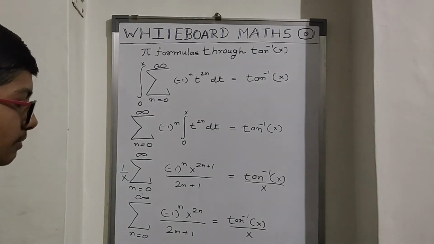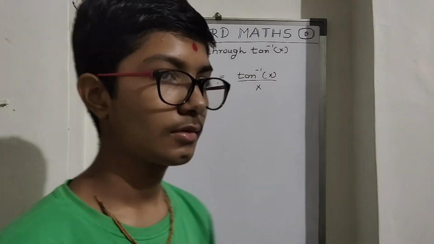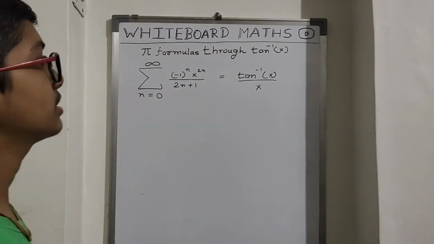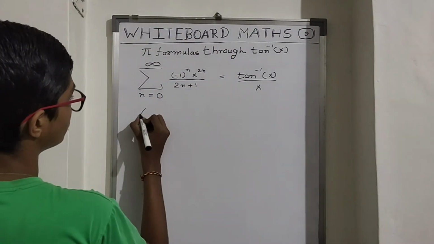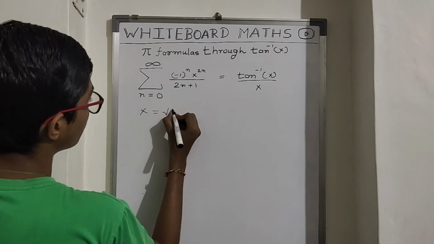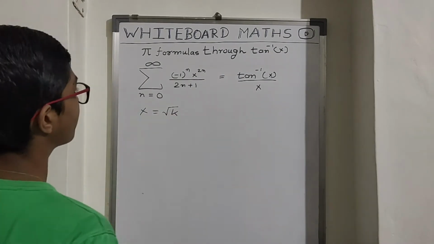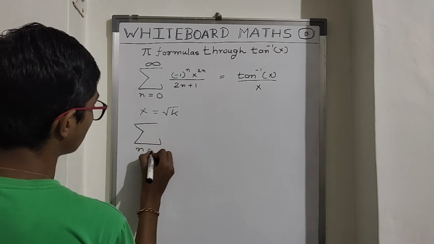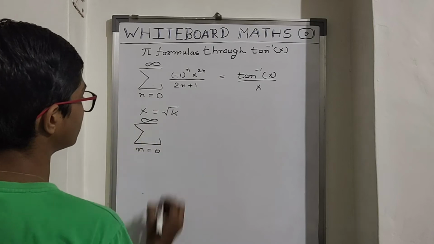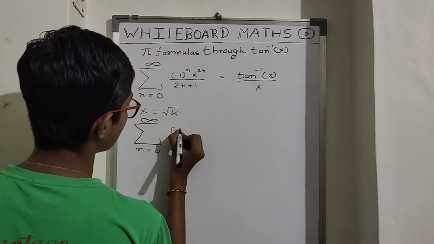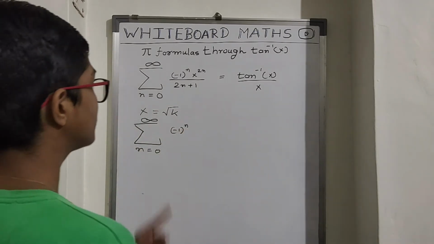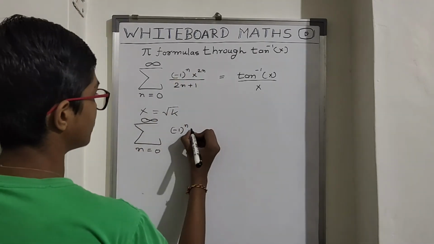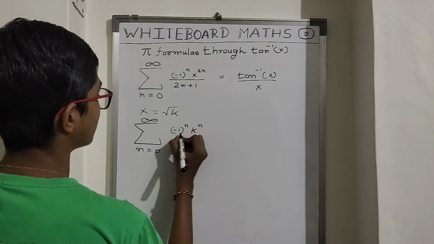So far so good. So far we have reached this identity. Now we will substitute x equal to the square root of k, and we are left with the infinite sum n going from 0 to infinity of negative 1 to the n, and the square root sign and the 2 in the exponent will cancel each other, and we are left with just k to the n.